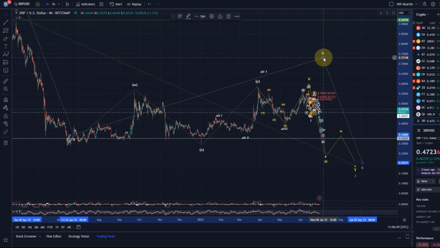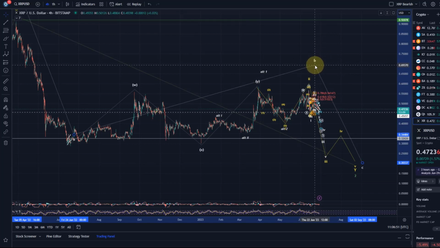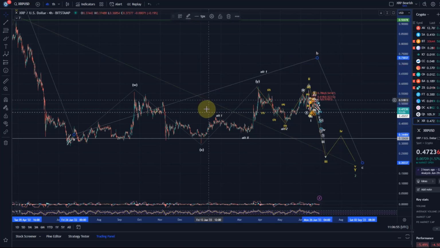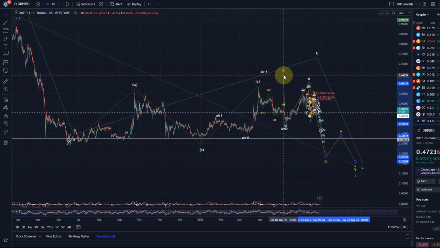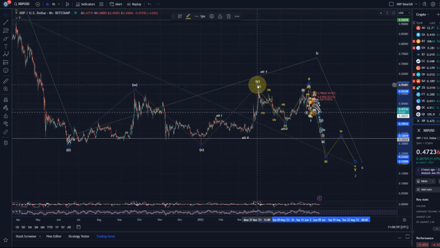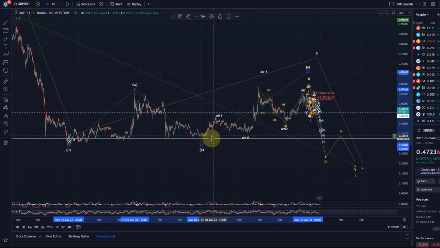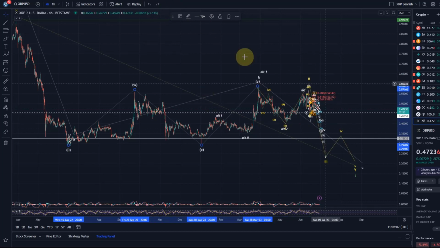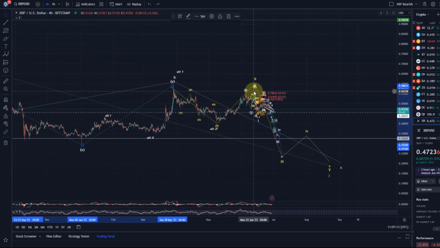That means the B wave, the correction, would simply extend a bit higher, and we have an ideal target of around 73 cents because we can easily just extend the Y wave. So this is a W, X, and the Y wave is extended. No problem. It hasn't even maxed out what it can do. And because of the bigger picture, the context, this would be my view if XRP goes above the June high.